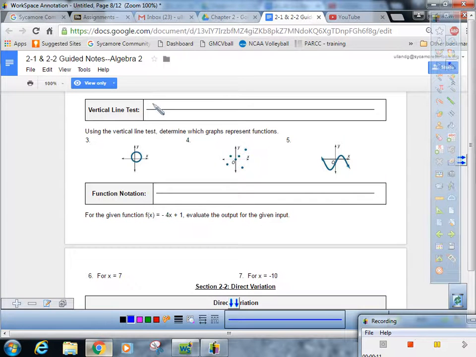If at any point on the graph a vertical line touches, or intersects would be the right word, but we'll just say touches, two or more points, then the graph is not a function.